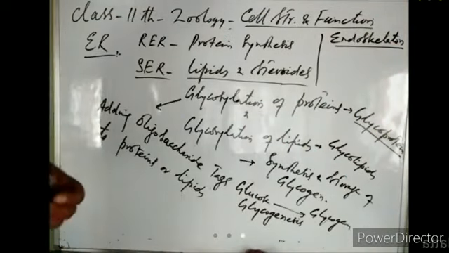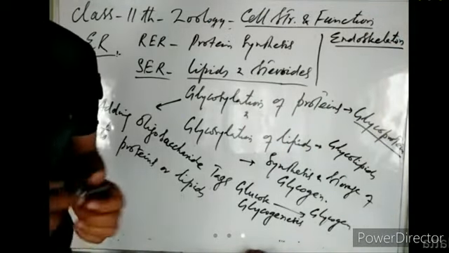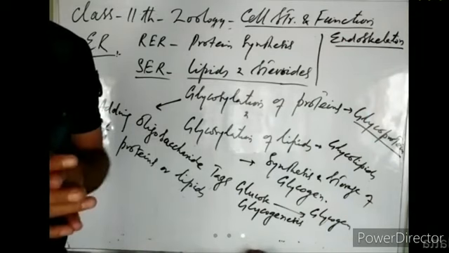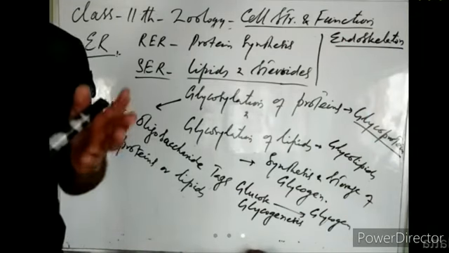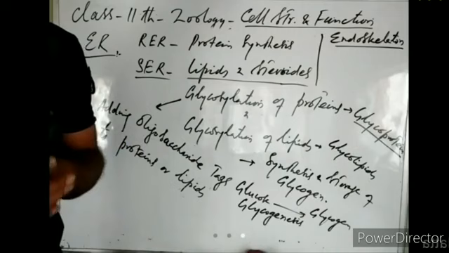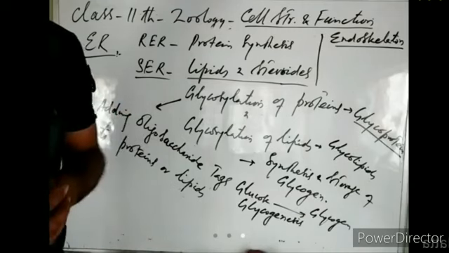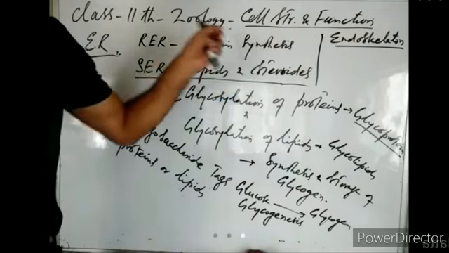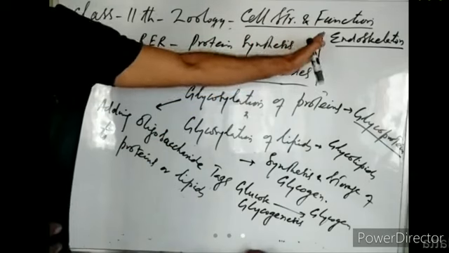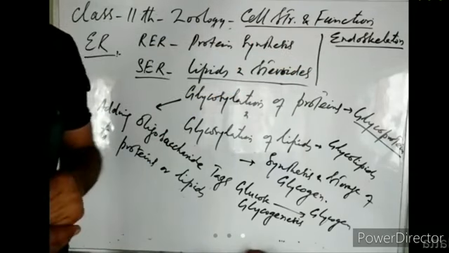Its cisternae, tubules and vesicles provide an internal support to the cell. They maintain the shape of the cell. So for that reason, we say that endoplasmic reticulum also acts as an endoskeleton of the cell.